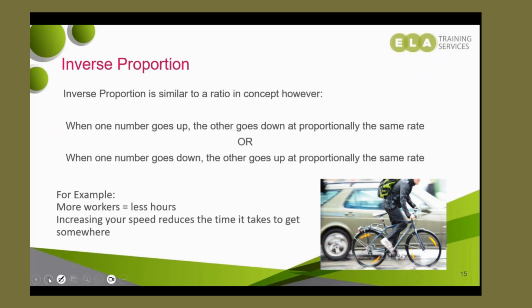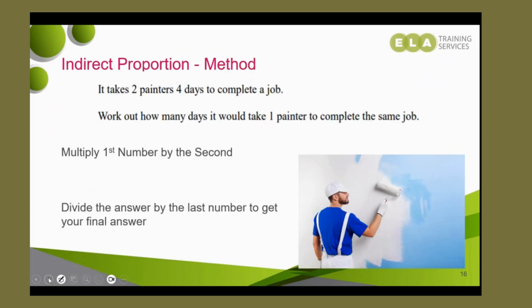But how might we work that out? Well, there is a nice, simple method when it comes to inverse proportion. And what's really important to understand is inverse proportion questions will always contain 3 numbers, and will always be worded like the following. It takes 2 painters 4 days to complete a job. Work out how many days it would take 1 painter.